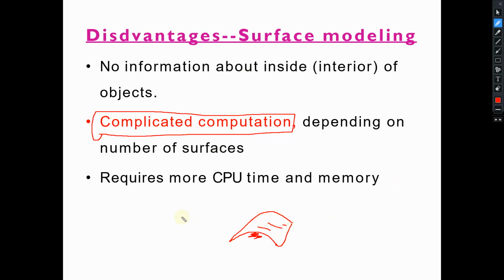Whenever we are creating a surface, the geometry will be very complicated, so we have to combine a number of surfaces finally to get the entire surface model. So the computation will become very complicated and requires more CPU time and memory when compared with the wireframe model, because the geometry is more, so more CPU usage and more memory usage will be there.